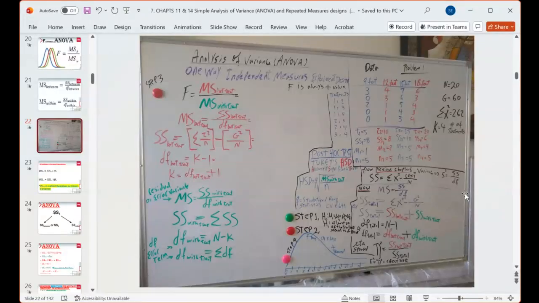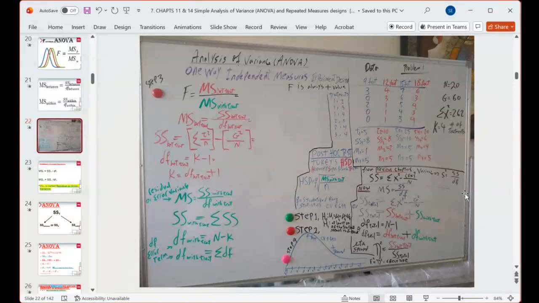The data that you have is already provided: the number of participants in each group, 5, 5, 5, 5, mean for each group, SS calculated for each group, SS1, SS2, SS3, add them up, sum them up. That's your SS within.